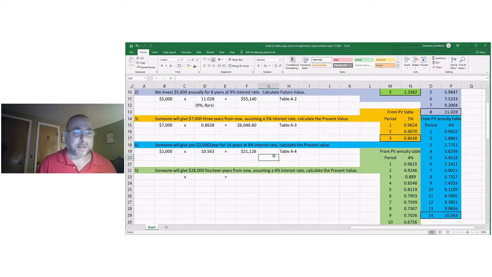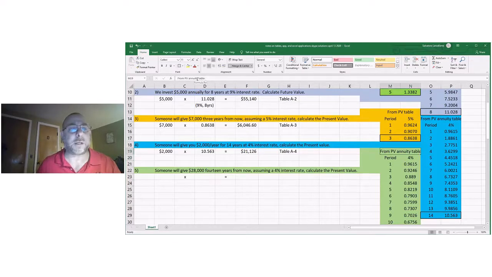Well, this question I just asked looks very similar to number 4. You're getting 28,000 14 years from now at 4% interest. The difference is in number 4, you were getting an annuity. Every year you were getting an amount. This one, it's a one-time thing. So you're going to be using not the annuity table, but just a regular present value table.